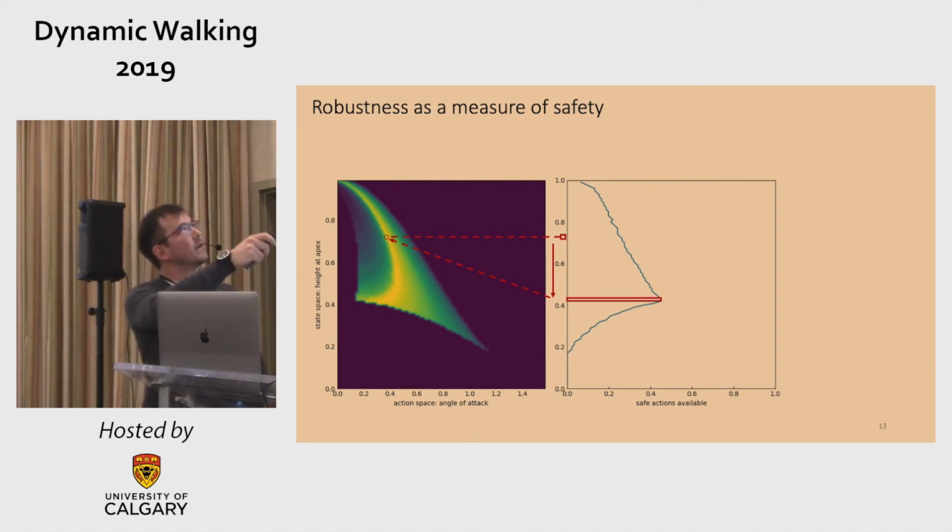Yeah, sort of. So basically, if you pick this point, you will reach here, and this measure is basically how many actions you have available, which is kind of how robust you can be. So you can think of it as how much noise you can afford, or how imprecise you can be at the state that you reach from there.